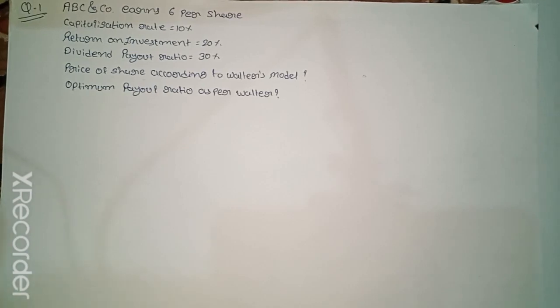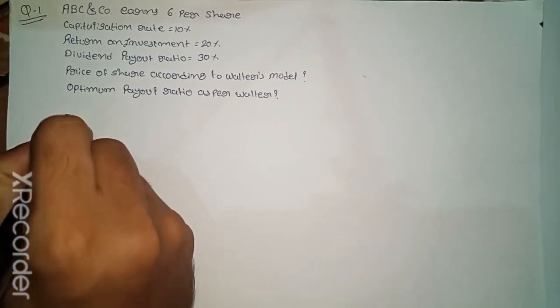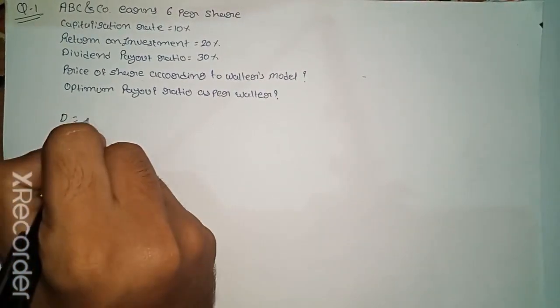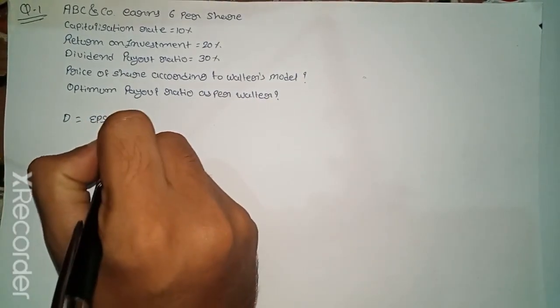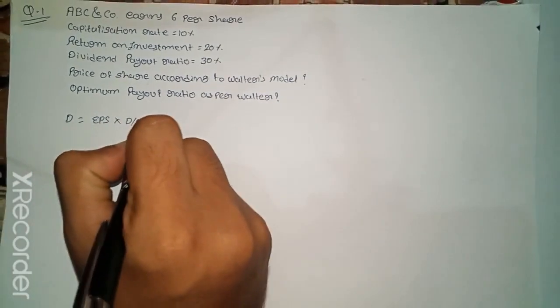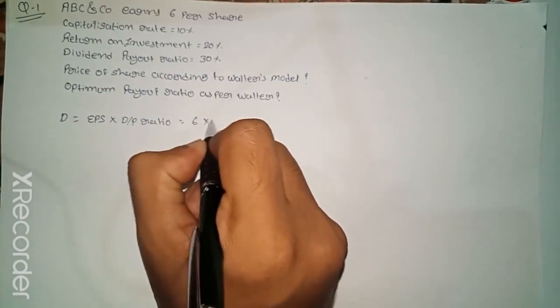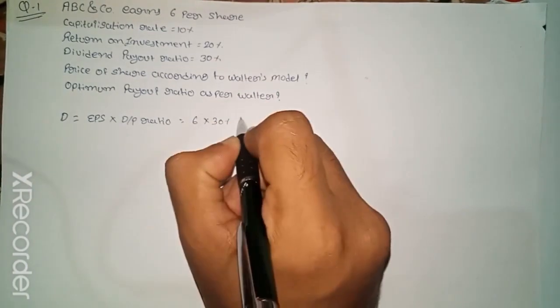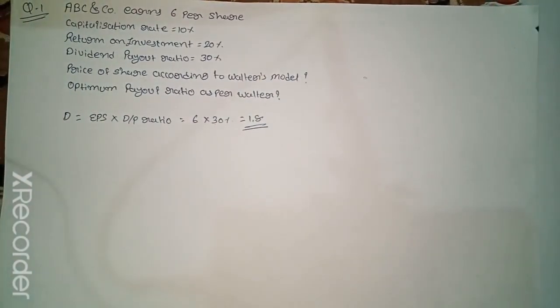Here dividend amount is not given, but we can calculate it. So dividend is equal to EPS into dividend payout ratio. So 6 into 30% means dividend is 1.8.